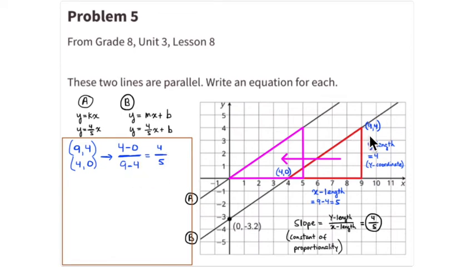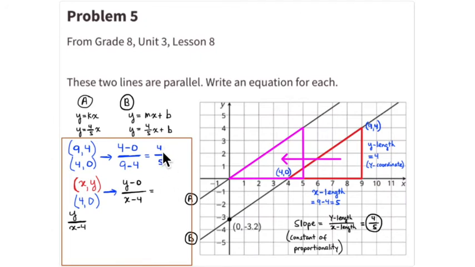That's 9 minus 4. Don't get confused. These two 4s are different. This 4 right here is the vertical length, and this 4 right here is the horizontal length. All right. So the slope is 4/5.